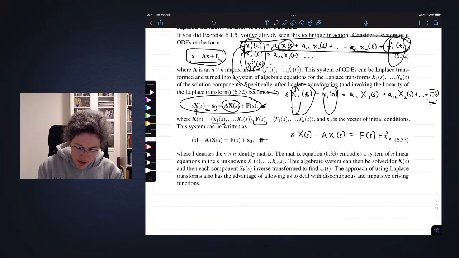And then, so this s over here, remember, is a scalar, but we can just as well write s, our scalar, times X as s times the identity matrix times X(s).